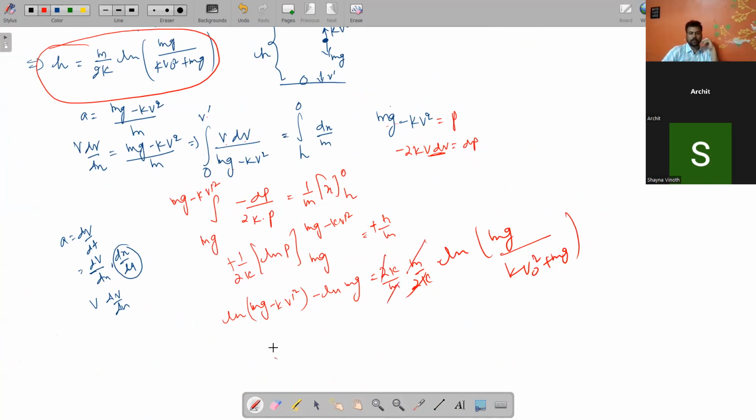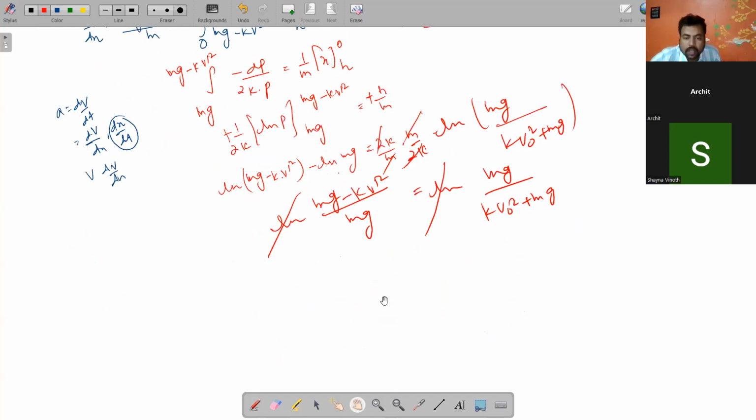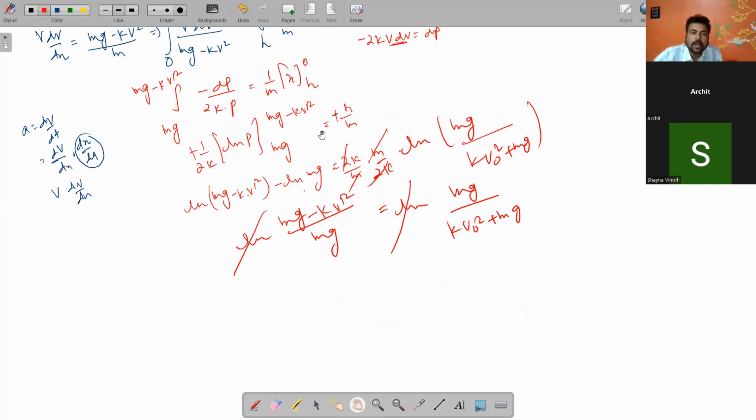You can see here ln a by b, that is ln of mg minus k v dash square upon mg equals ln of mg upon k v naught square plus mg. See, ln is gone. Don't cancel ln like this; I did it here in the exam just to make you understand.